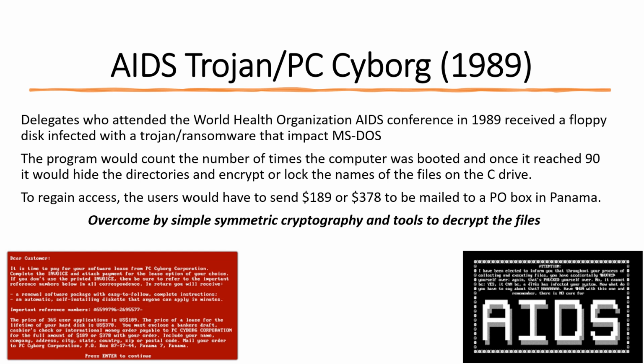The program would count the number of times the computer was booted, and once it reached 90, it would hide the directories and encrypt or lock the names of the files on the C drive. To regain access, the user would have to send $189 or $378 to be mailed to a P.O. box in Panama. This was overcome by simple symmetric cryptography and tools to decrypt the files.